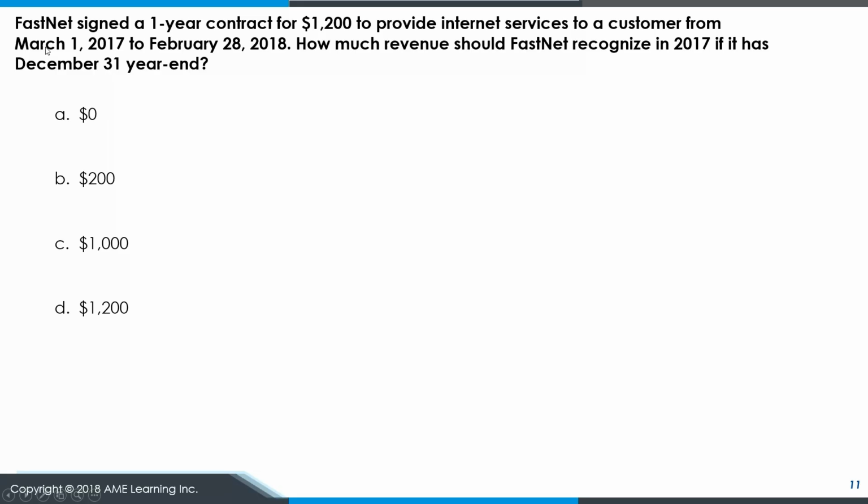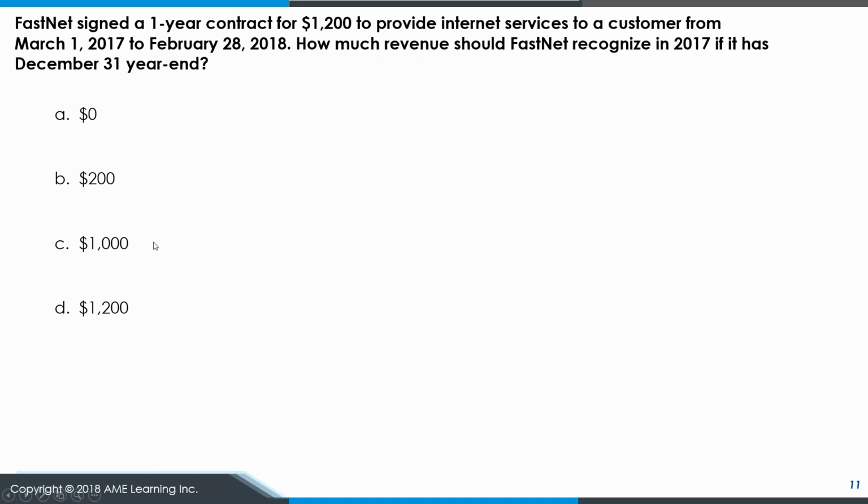So if we look at this as $100 a month, because it is 12 months, in 2017, we will have provided them services in March, because it began on March 1st, so the month of March is included. But January and February will be excluded, so it would be 10/12ths, so 10 months of $100 per month.